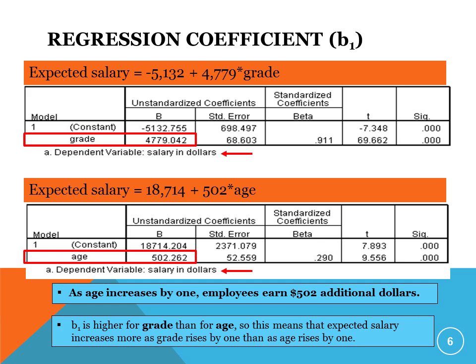We can see that B1 is higher for pay grade than it is for age. So this means that expected salary increases more as grade rises by 1 than as age rises by 1. Okay?